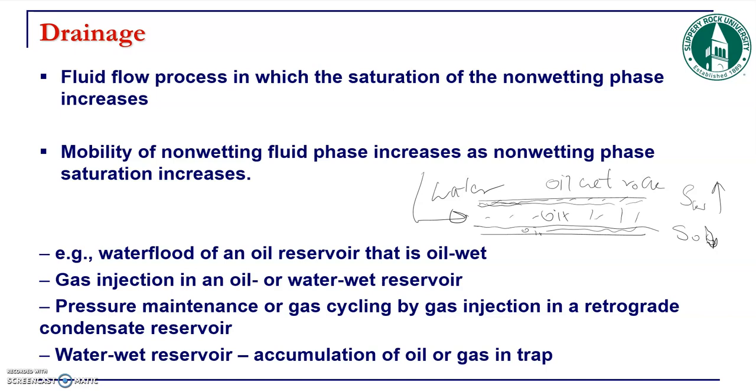And since the oil is the wetting phase and its saturation is decreasing, and the water is the non-wetting phase and its saturation is increasing, this process is called drainage. Okay, examples: water flood in an oil reservoir which has an oil wet rock, gas injection into oil or water wet reservoirs because gas is always the non-wetting phase.